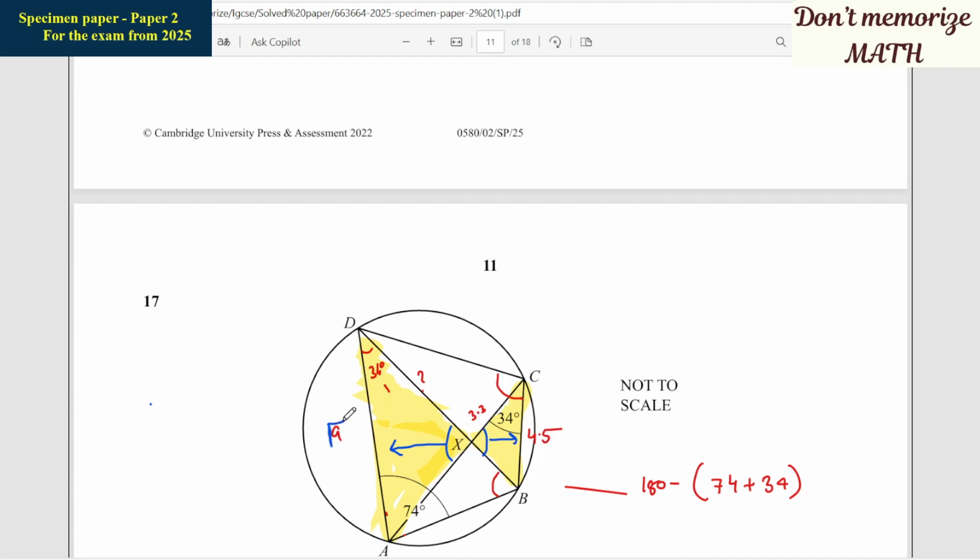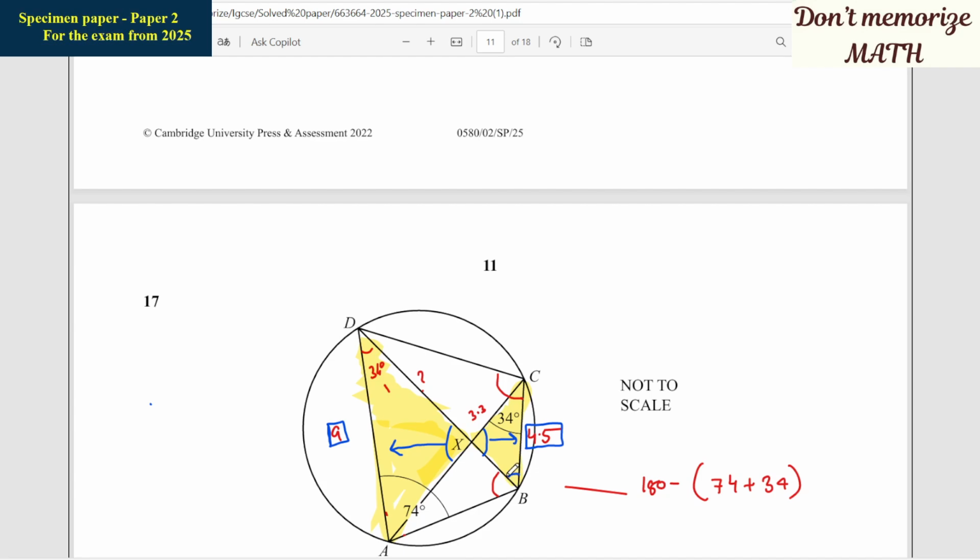I will mark them with a square. They both are corresponding sides. For the next one, we have these two angles are again 34. So opposite them, BX and AX are corresponding sides. But we are not using that, since they haven't asked for the other side, so there's no need for those angles.